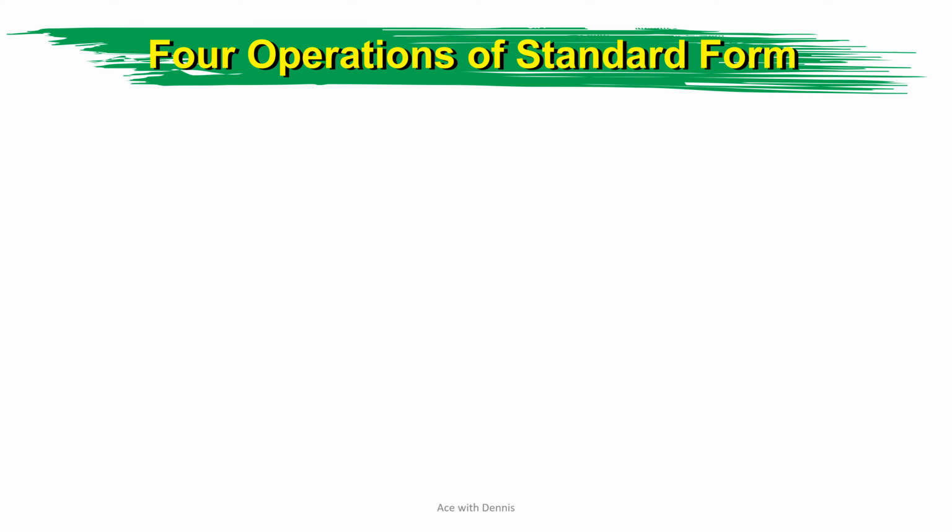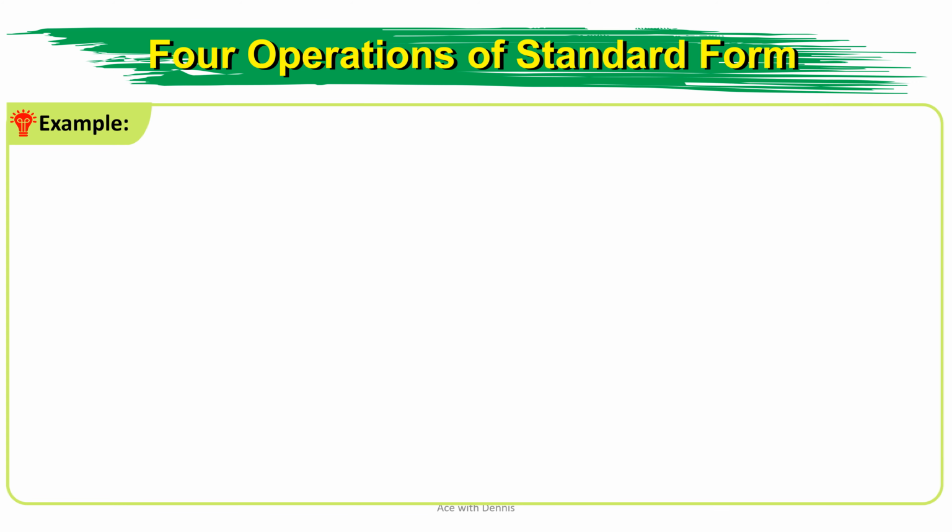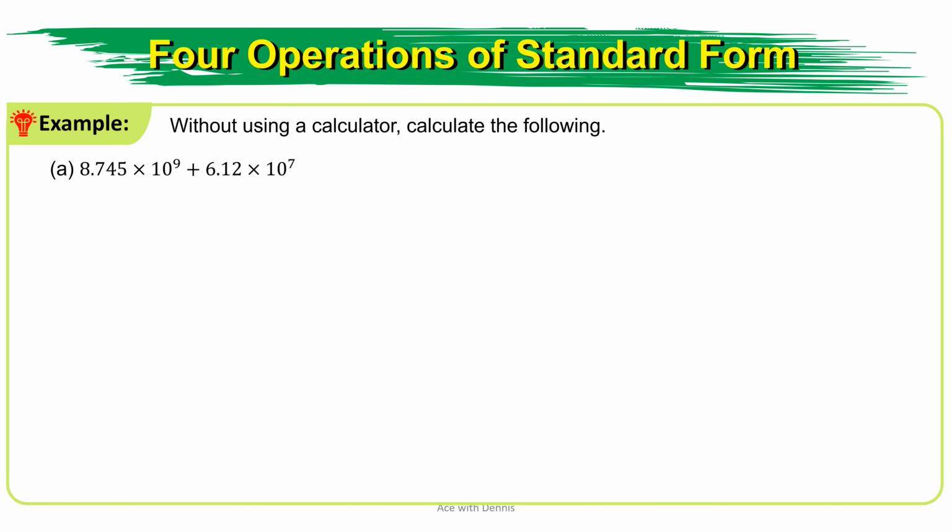Now, let's learn the 4 operations of standard form. Here is an example. Without using a calculator, calculate the following. A. 8.745 times 10 to the power 9 plus 6.12 times 10 to the power 7.